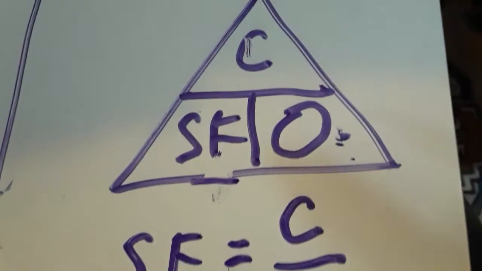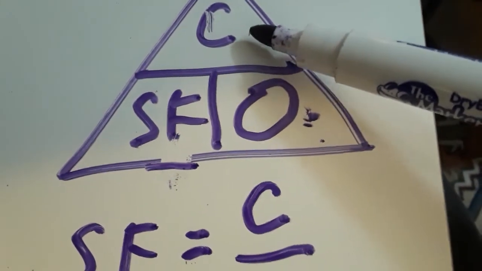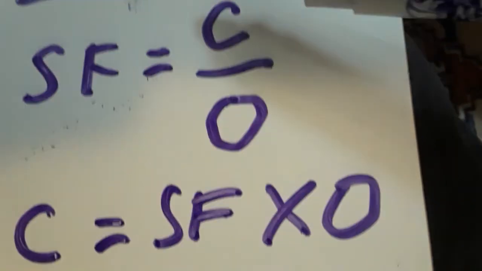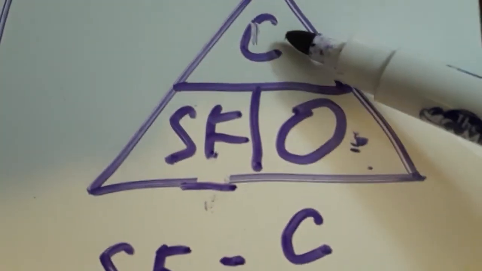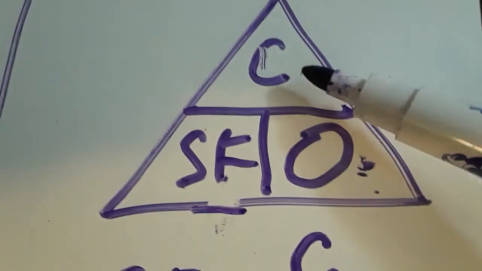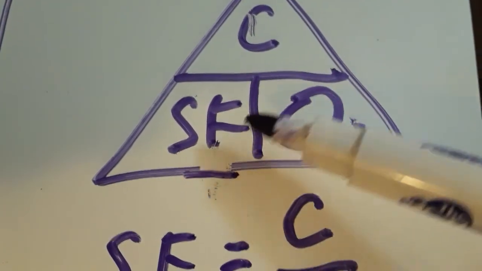So again, just to sum up, if you're looking for the scale factor, you take some length of the copy and you divide it by the corresponding length found on the original. If you want to find out the length of the copy or some part of the copy, you take the scale factor and you multiply it.